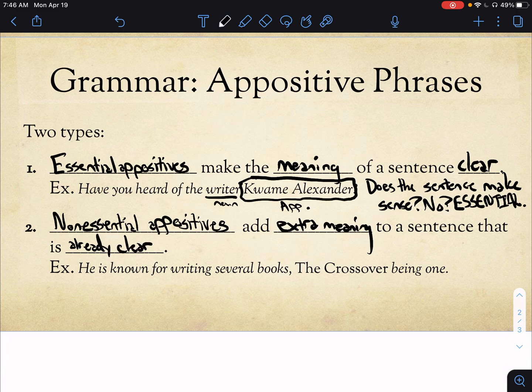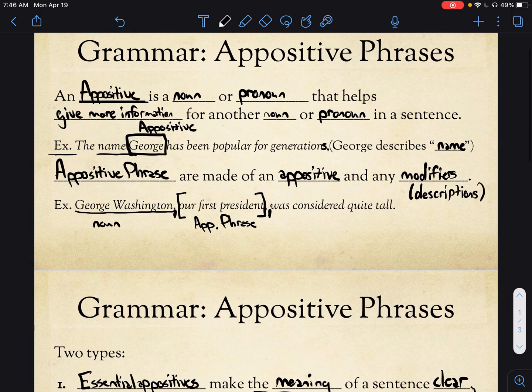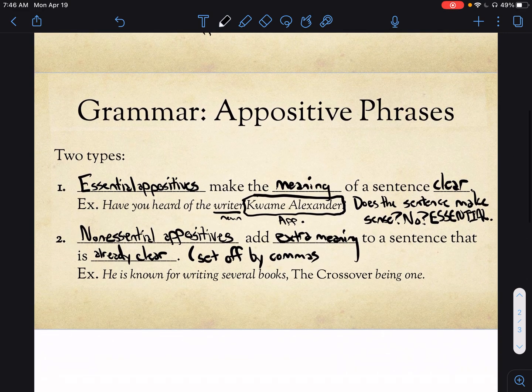The other thing that you need to know is they're set off by commas. So if we go up to that example in the previous slide where it says our first president, hey, look, comma, comma, on either side, it means it's non-essential.